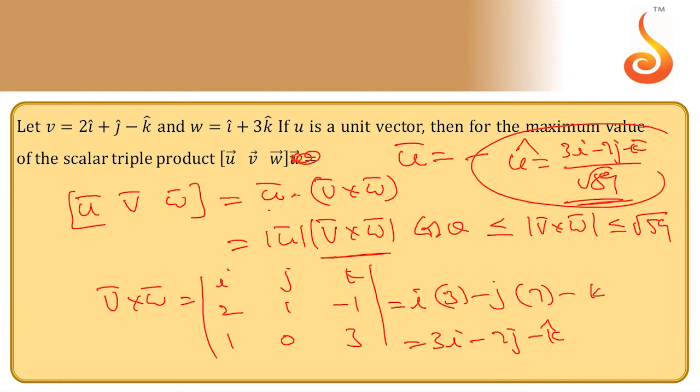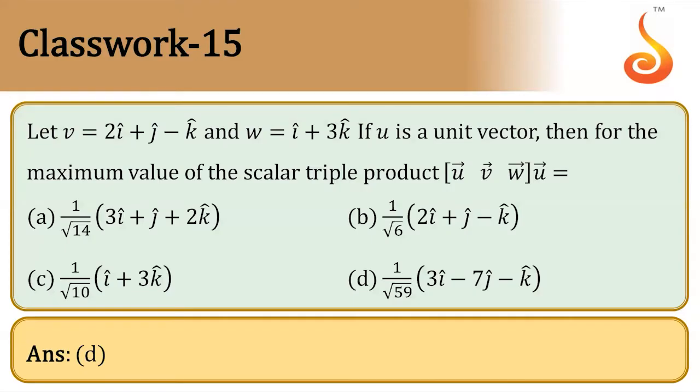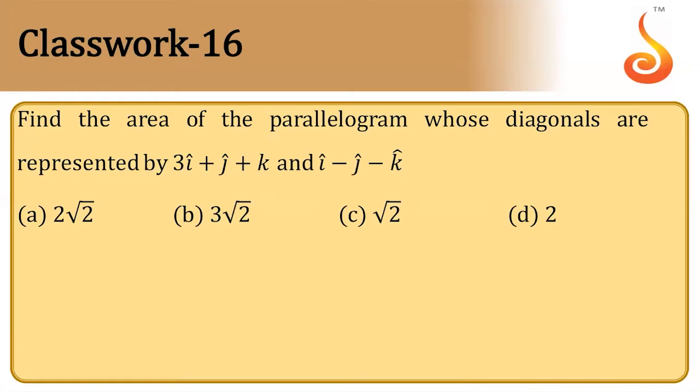Okay, fine. Next question. This is the right answer. Next question. The area of a parallelogram with diagonals given. Area equals half into modulus of d1 cross d2. Now can you hear me, Sanjana? Yes, okay, fine, good. Now calculate d1 cross d2 and take the answer.